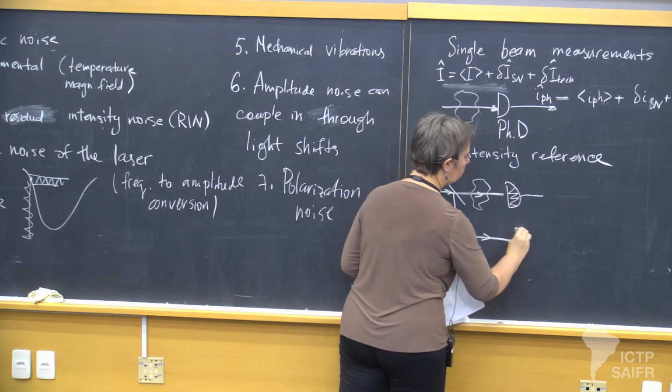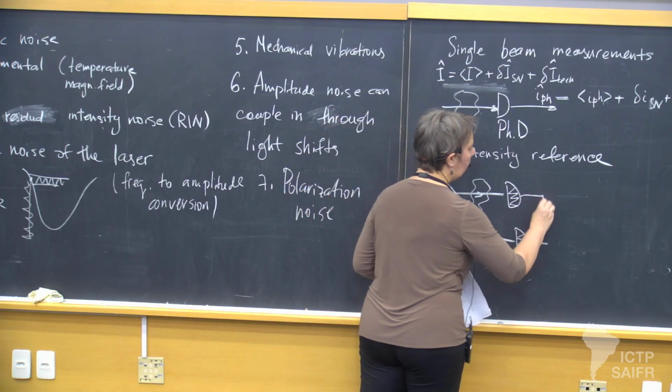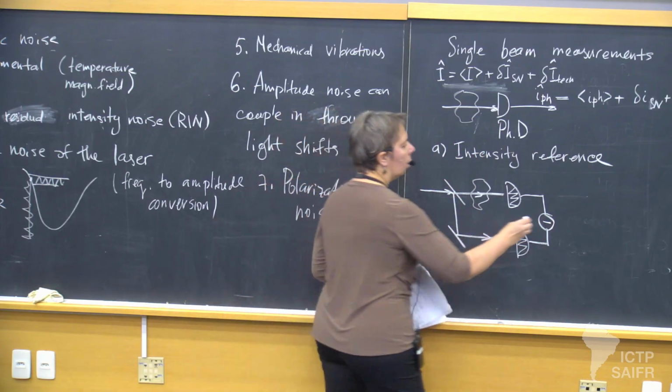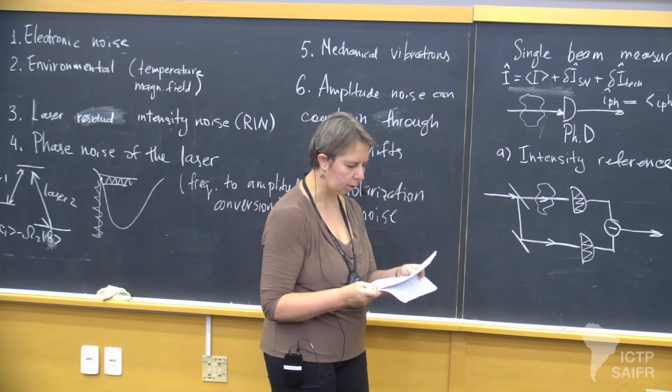Then you have two detectors as identical as possible, and you look at the difference between them. So you will be looking at the differential noise in this system.